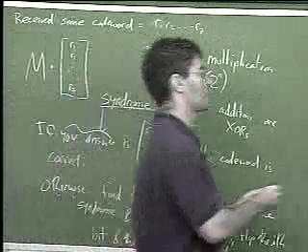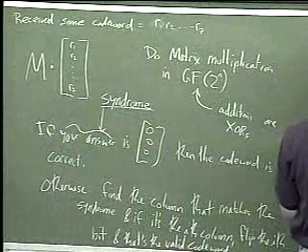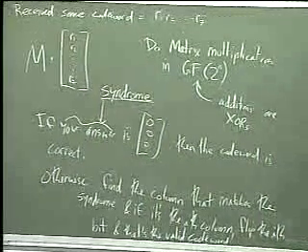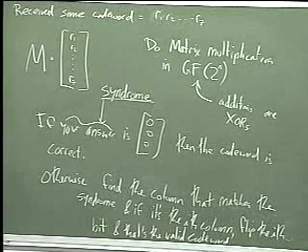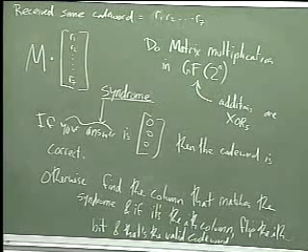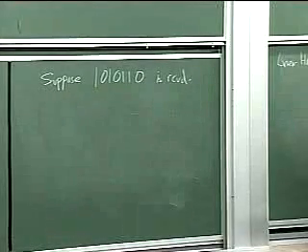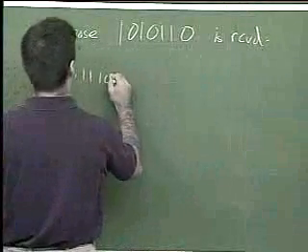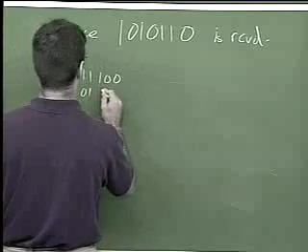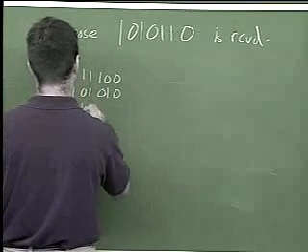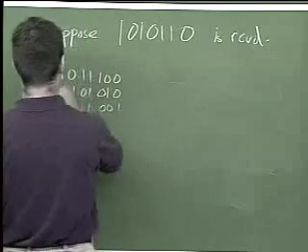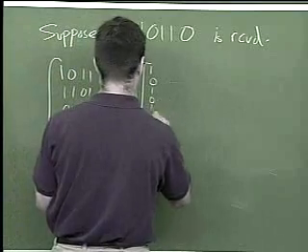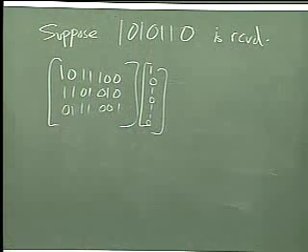And that's the valid code word. So for instance, let's pick something at random: 1 0 1 0 1 1 0 is received. Then I want to do this multiplication, so I take my check matrix and do my multiplication in Galois field 2.